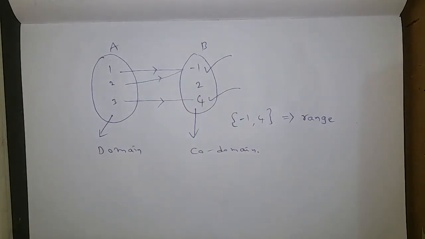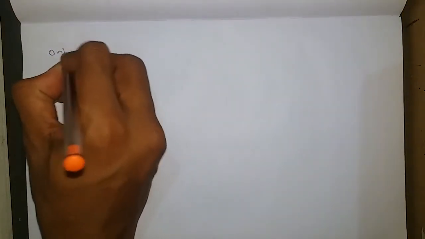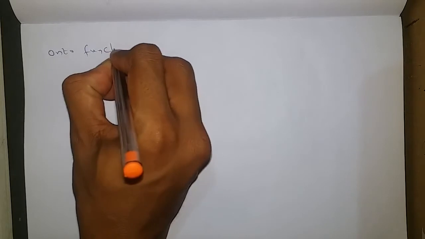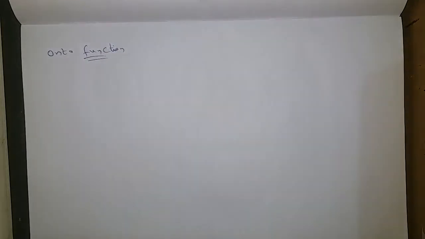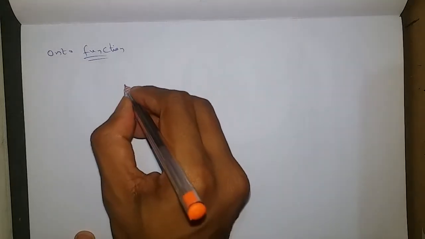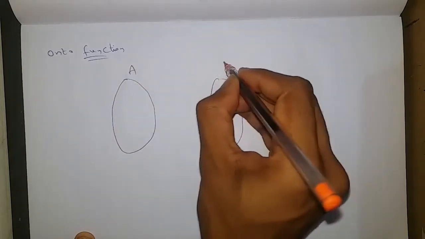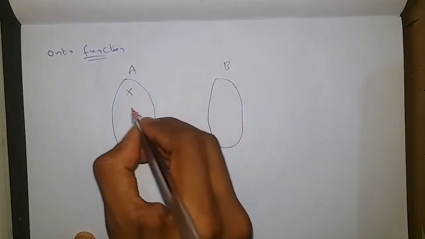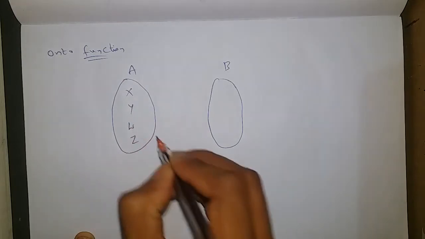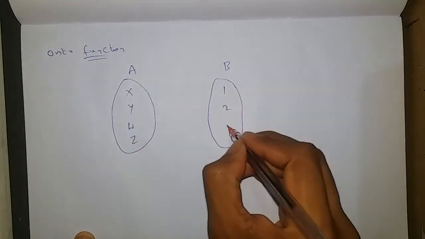Okay, now let us check the next type of function. Onto function. Onto function is nothing but if range of a function is equal to the codomain of the function. So for example, we have two sets, set A and set B. In the set A you have x, y, w, z elements, and in the set B we have 1, 2, 3.